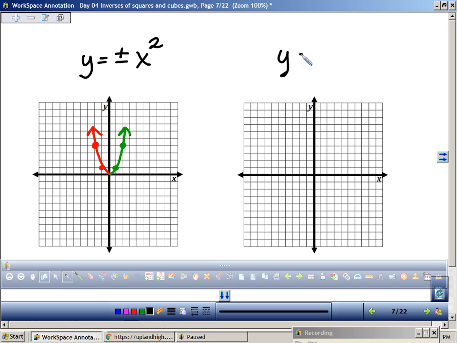Then we have y equals the square root of x. We actually have a plus and a minus of this as well. We have the minus that's down here, 1, 2, 3, 4. And we have the plus side that's up here. Only we don't talk about them both together.